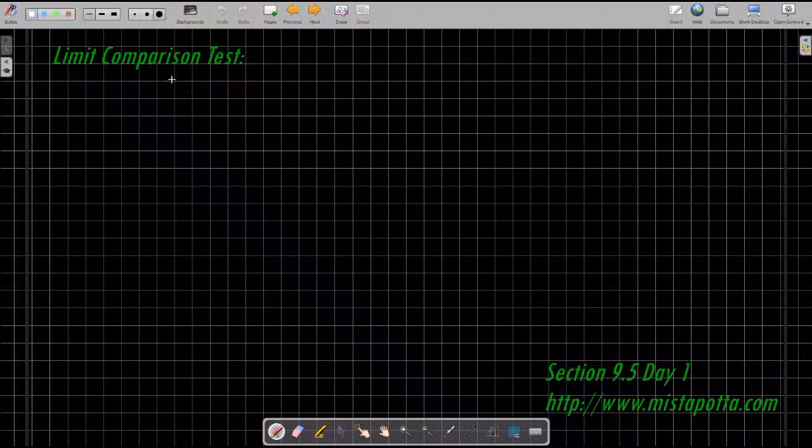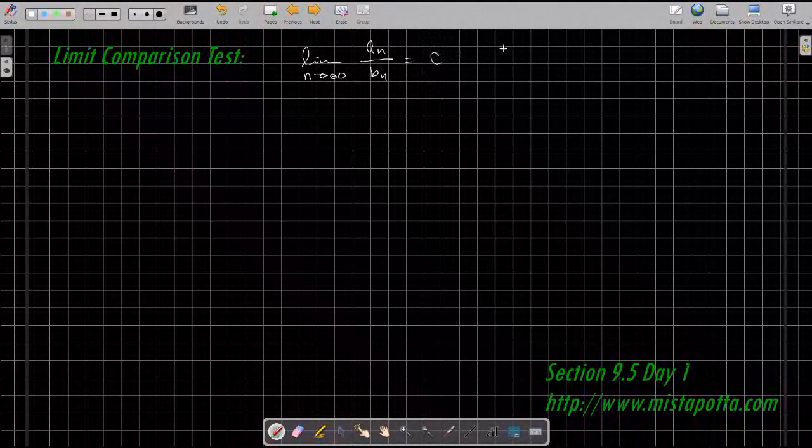And the idea here is that I want to take a look at the limit as n increases without bounds of the ratio of a sub n over b sub n. And there's going to be three possibilities here. One is that that's going to be equal to some constant.